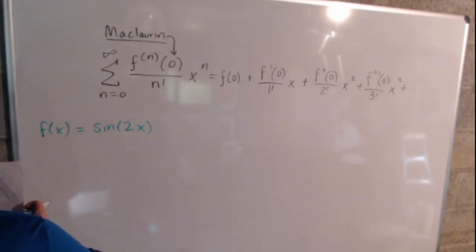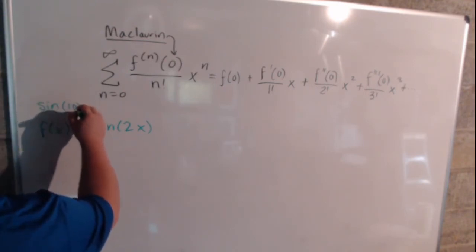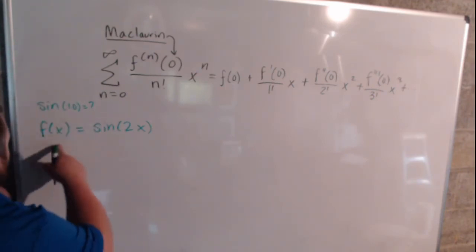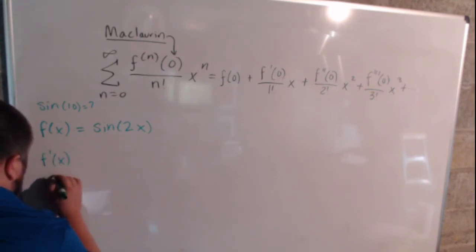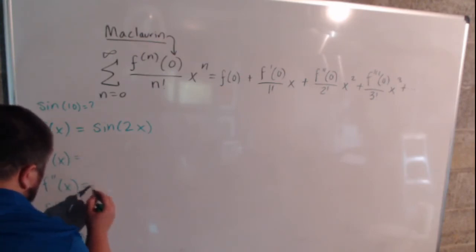Use the first 20 terms to approximate sine of 10. So here's f prime, double prime, triple prime, to the fourth. Let's see if that's enough.